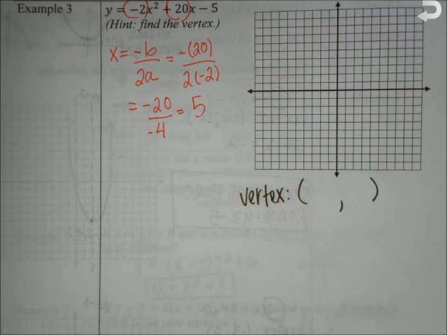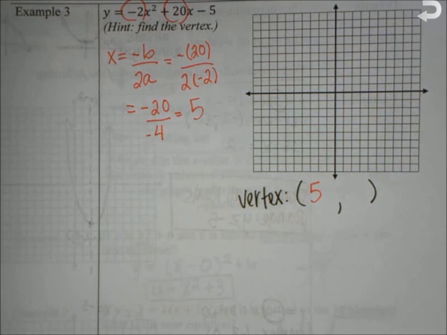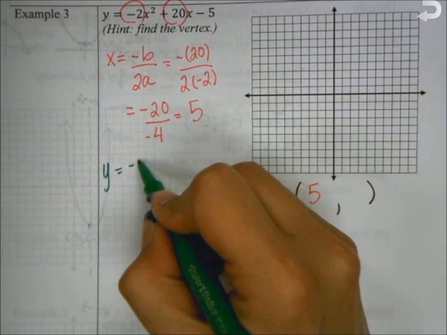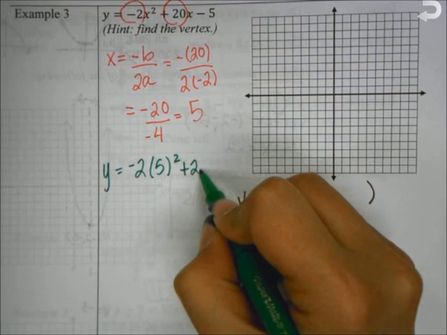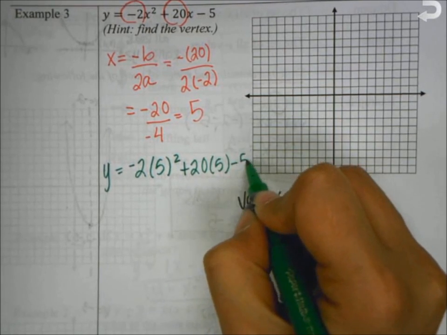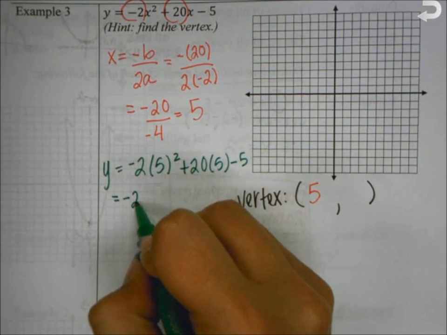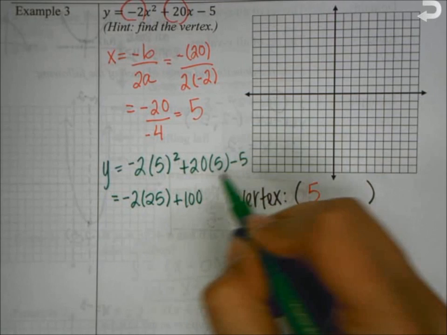So we have negative 2 times 5 squared plus 20 times 5 minus 5. So that equals negative 2 times 25 plus 100 minus 5. So that equals negative 50 plus 100 minus 5. 50 minus 5, 45.